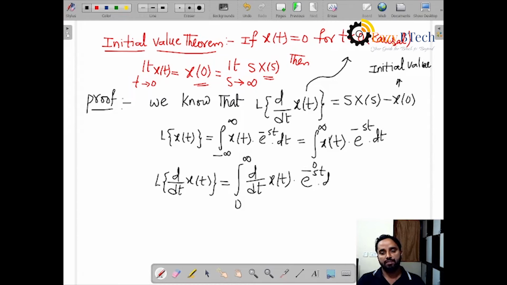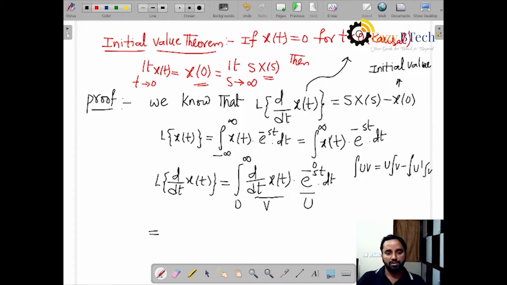As per the Laplace formula we are writing. Now consider e power minus st as u and d by dt of x of t as v. So I am going to expand the integral of uv: u times integral of v minus integral of u dash times integral of v.